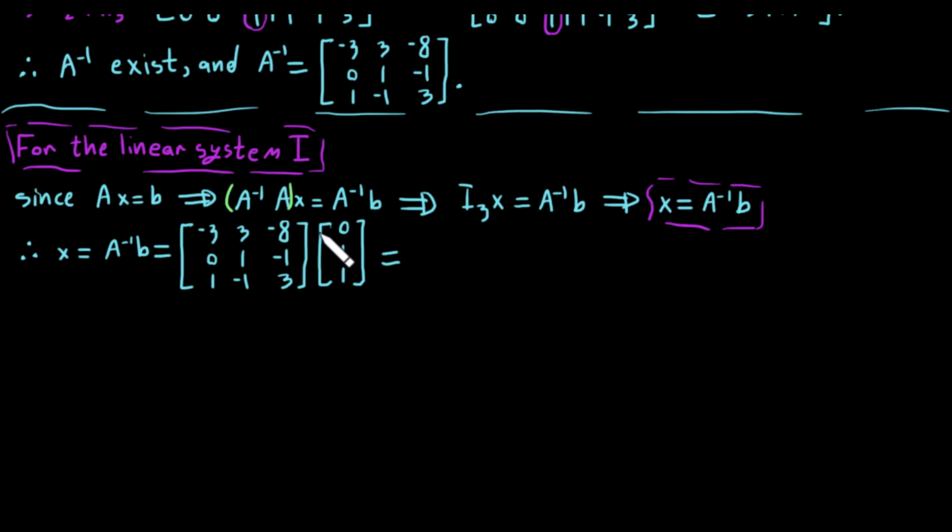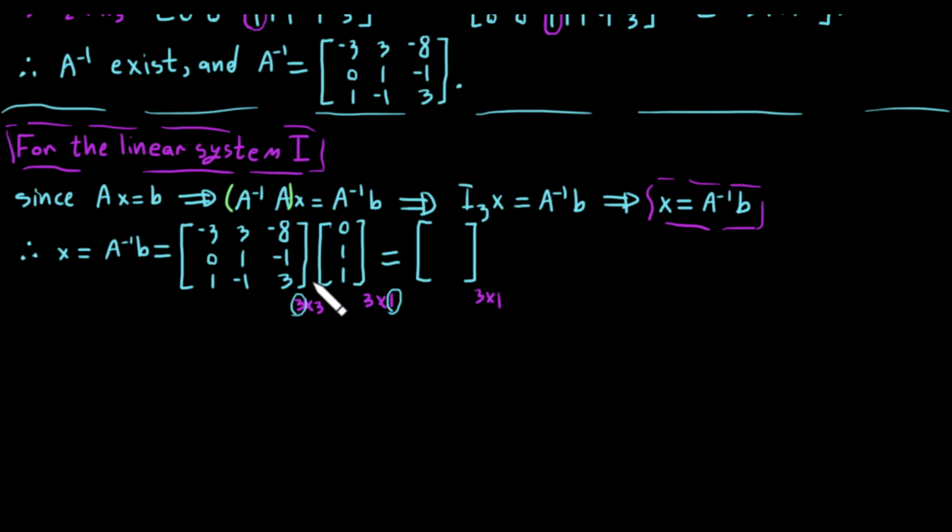Now let's multiply this matrix by this vector. This one is 3 by 3, and this vector is 3 by 1. So the result will be 3 by 1, 3 rows and 1 column. To find this element, we multiply this row by this column.